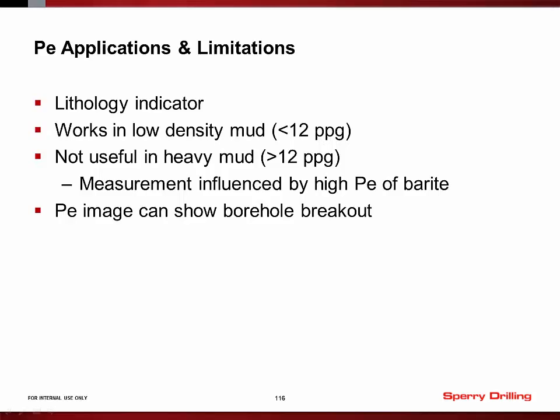Sometimes the PE image is actually the best indicator of those sorts of mechanisms in boreholes where you're looking for changes in shape. So bear that in mind. It's a useful indicator, even if in a case where the barite is so high in concentration that it messes up the PE, it might qualitatively still give you something useful on the image for the purposes of borehole shape interpretation.